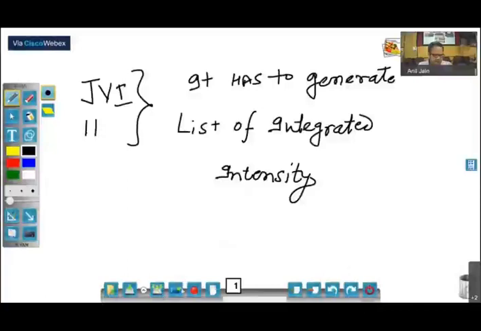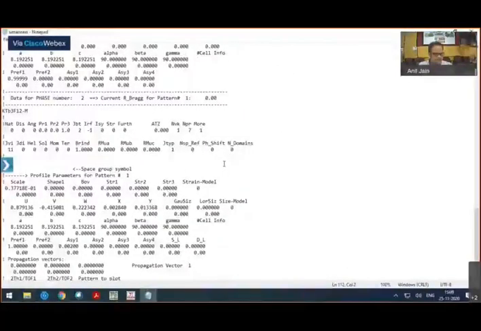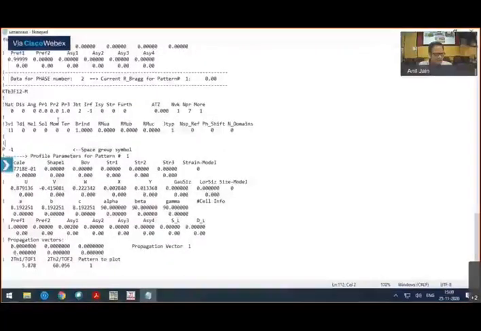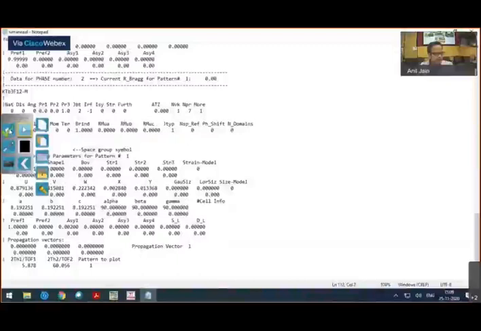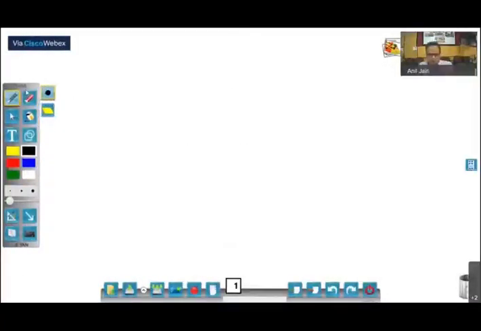Also, what are the other important things in this additional line? Now, this job type: while we add this phase 2, we have to put this job type to 2. And what is the meaning of this job type 2? The job type 2, JBT, we have written 2.